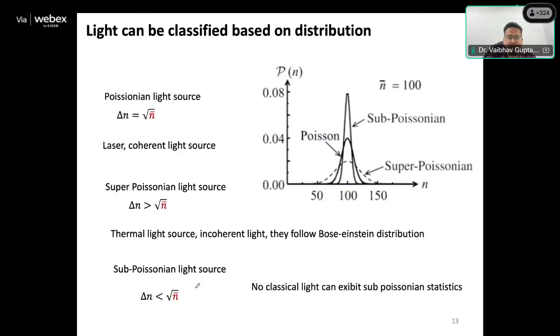So I hope it is clear that depending on the distribution, we can make a probability distribution of photons, and depending on that we can classify the light sources. There are three major types of light sources: incoherent, coherent, and quantum light sources. And the quantum ones show sub-Poissonian distribution.